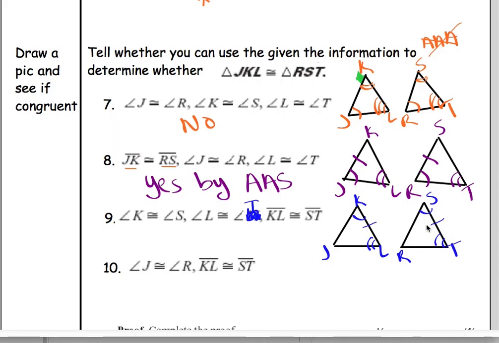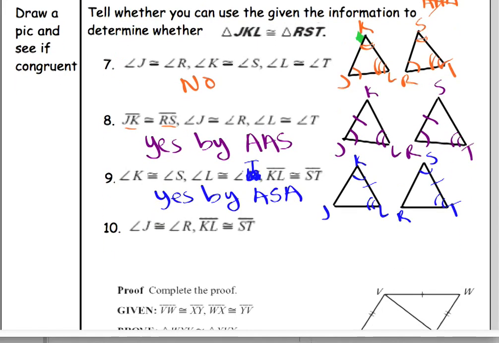This one also has the side in the middle. So you know that they match up, and then you look at one of them to determine the reason. So yes, they are congruent. And we've got two angles and then the side that connects them. So the side is in the middle. So we're going to have angle-side-angle as the reason.